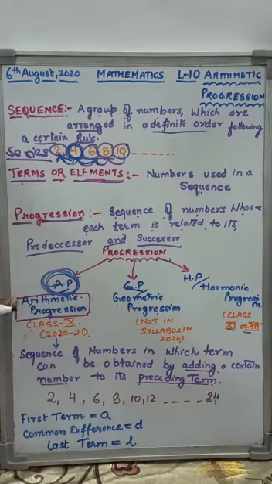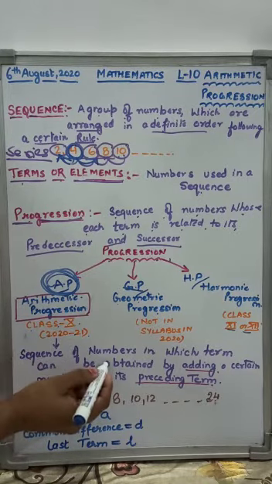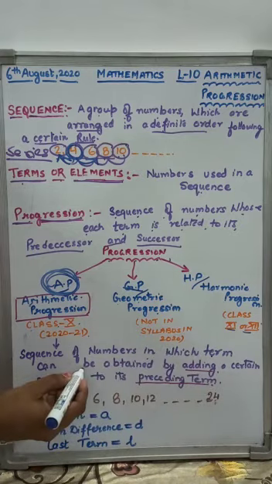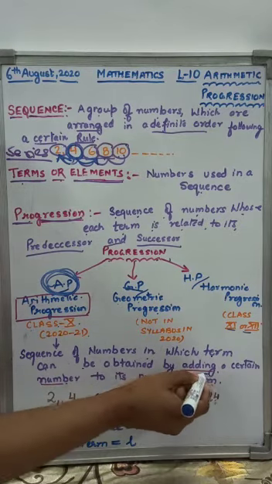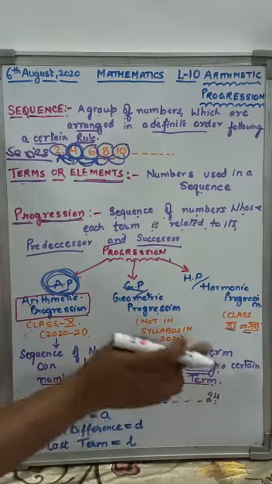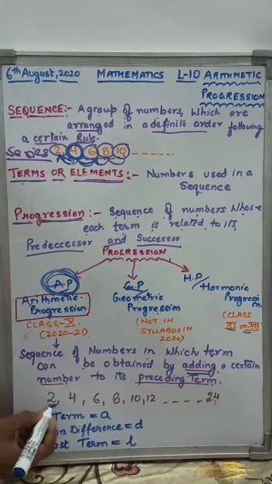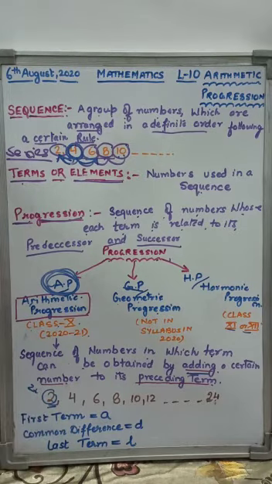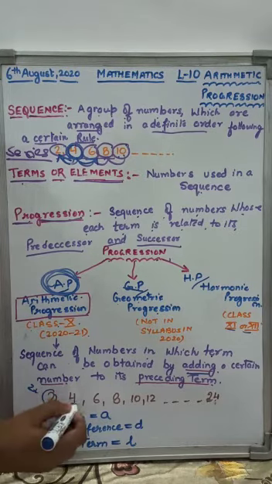Now let us understand what is AP or arithmetic progression. Sequence of numbers in which each term can be obtained by adding a certain number to its preceding term. Suppose this 2 is there. When you add 2 to the 2, 2 plus 2 will become 4.